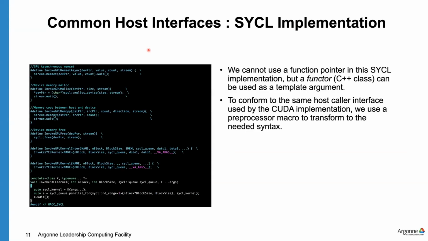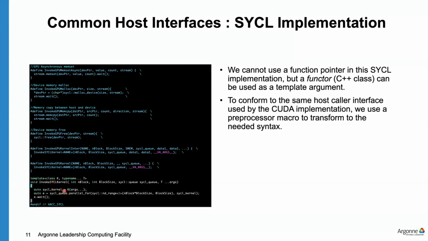On the SYCL side, that same implementation is slightly different. We can't use the function pointer, but we do have a functor implementation that also is template based with a slight macro that wraps that kernel invocation. Basically, this macro takes the function name as the first argument, puts it as the template parameter, and that lets us call this invocation wrapper.